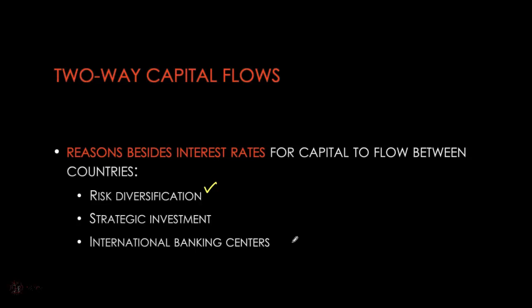Because of the financial services being provided by these international banking centers, we see capital flowing or gravitating towards those particular economies. So these are some basic reasons for how capital flows across the globe, besides the interest rates, which are the primary determinant of capital flow across any two given economies.